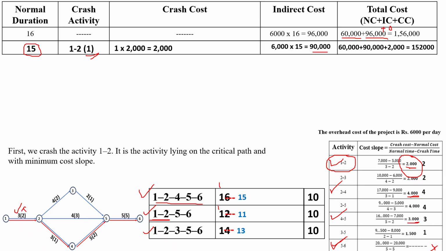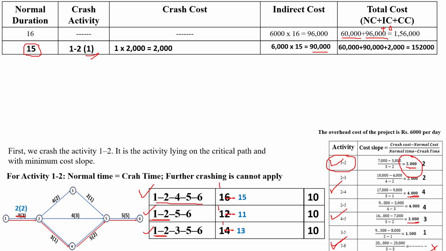Here also 1 day is reduced, so the 1, 2, 5, 6 path reduces from 12 to 11. And similarly, 1 to 2 is an activity for the path 1, 2, 3, 5, 6. So in the path 1, 2, 3, 5, 6 also one day is reduced, so 14 will be reduced to 13. And now the normal time is 2 days and also the crashing time is 2 days.